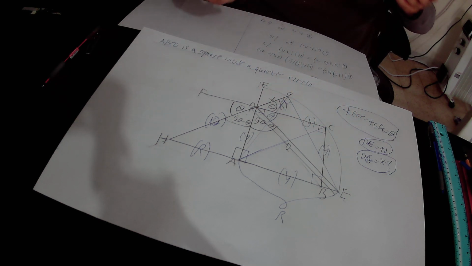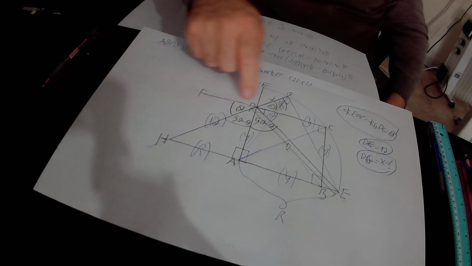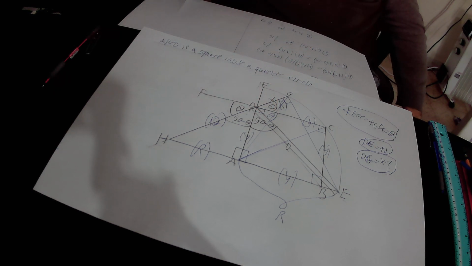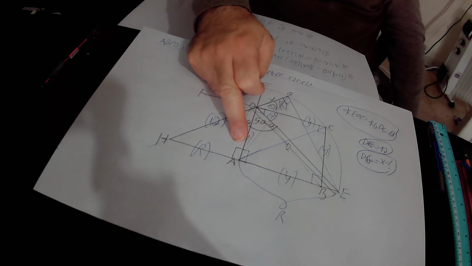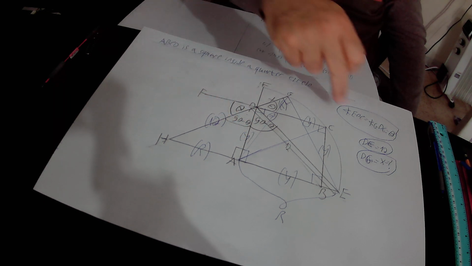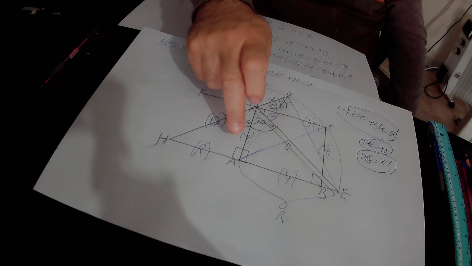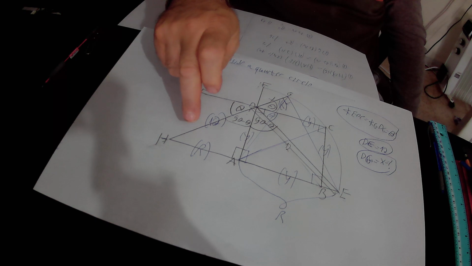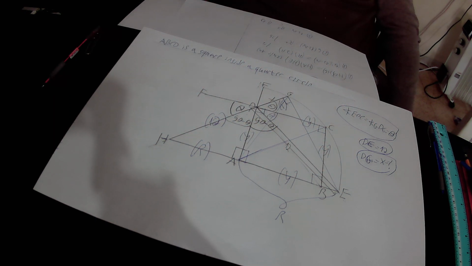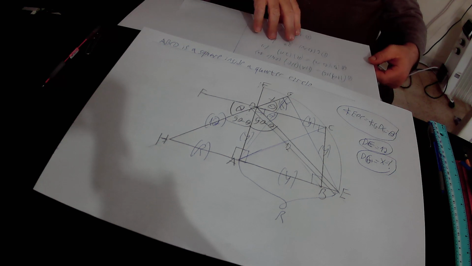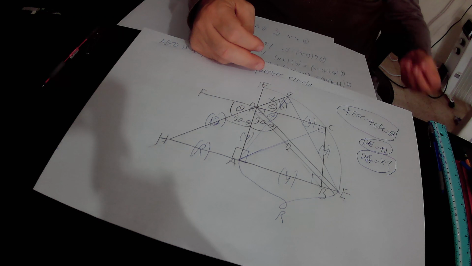And because point A is the circumcenter of triangle GEH, the circumcenter is the center of the circle that blocks triangle GEH. Again, point A must also be the center of the circle that blocks triangle GEH.